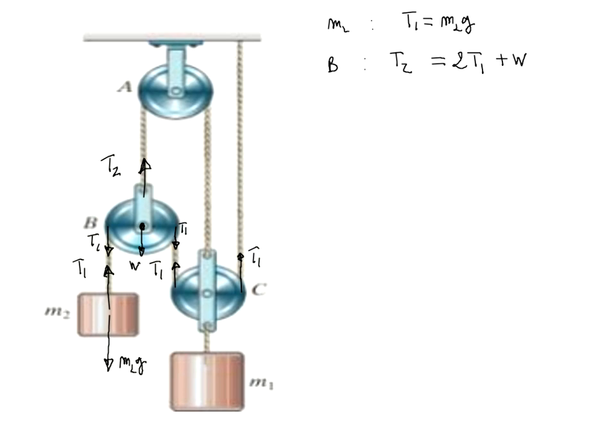Since C is connected to M1, let's jump to C and see if we can get away with it. If we can avoid doing pulley A, that would be good. C has one more force here, but this one I recognize as I follow the string. It's the same as T2, because T2 is here, and T2 is here, by Newton's third law and the property of the pulley. Oops, that should be a 2.